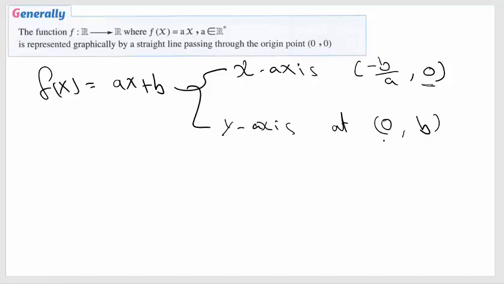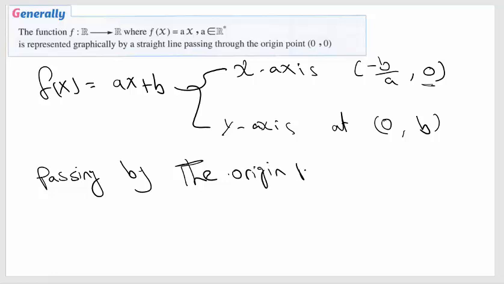What about the straight line passing through the origin point? Remember with me, the origin point is 0 for x and 0 for y. If the line is passing through the origin point, then the standard form of the function f of x is ax without b, because you intersect the y-axis at 0.